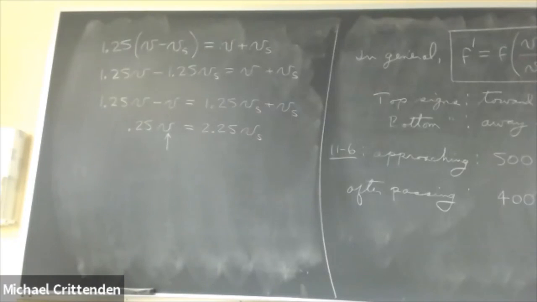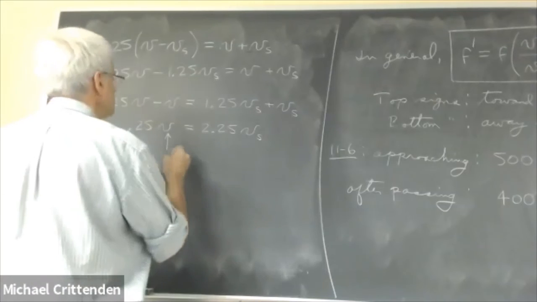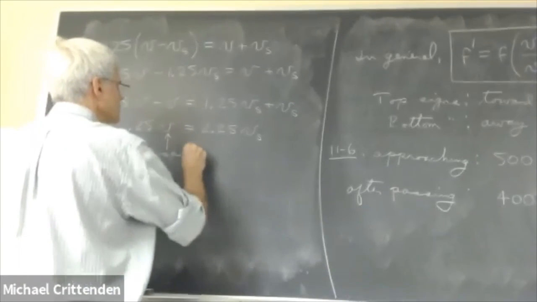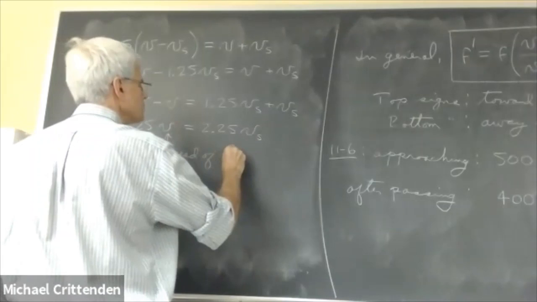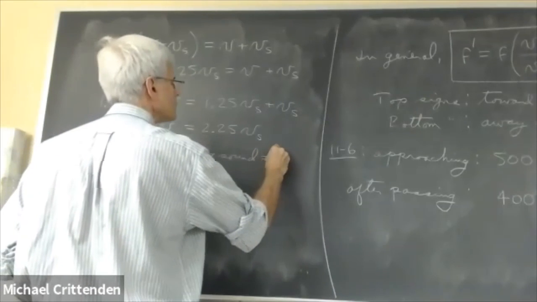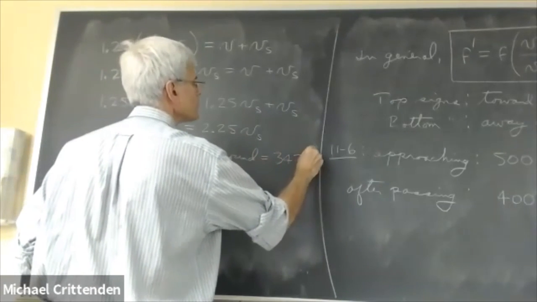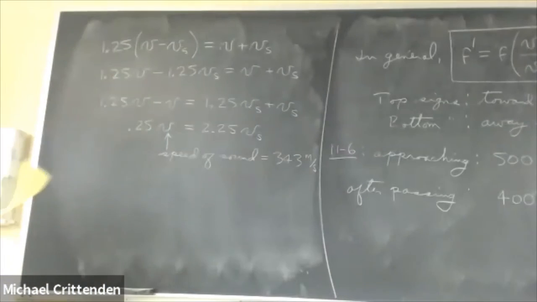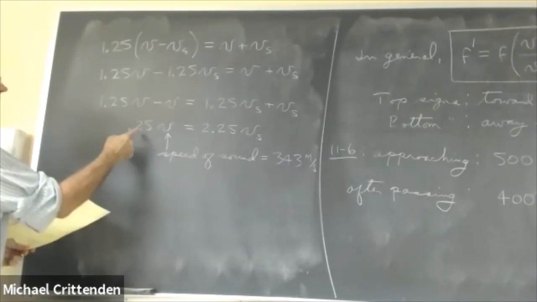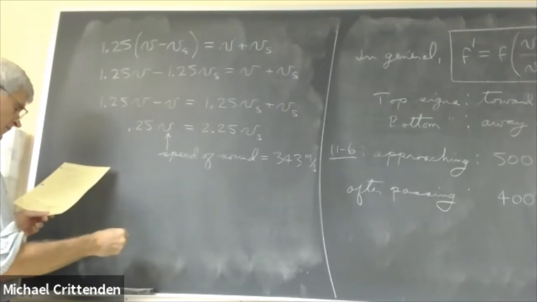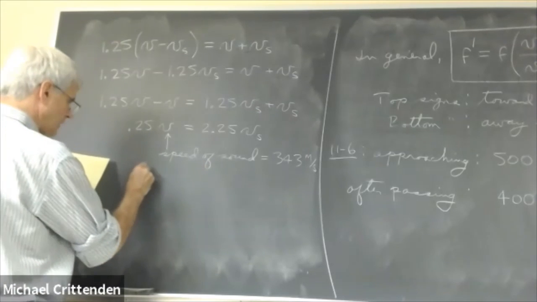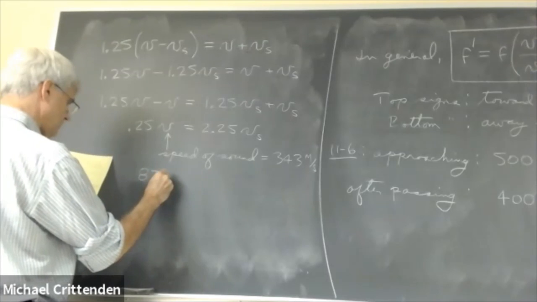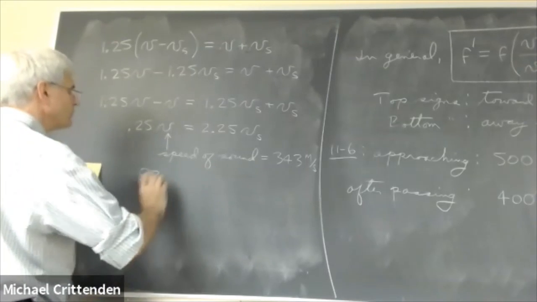Remember I said V, we've known it since the beginning. That's the speed of sound. And I could have plugged that in at the beginning. It seemed like less writing if I called it V for a while. So 0.25 times 343 is 85.75.